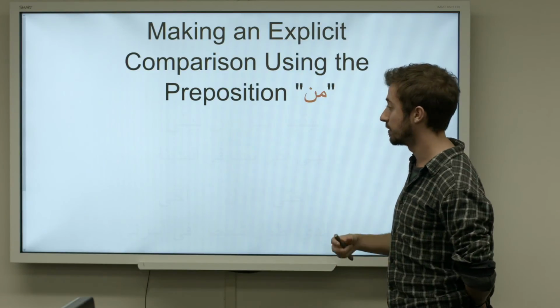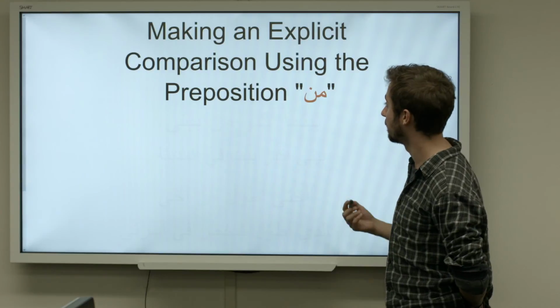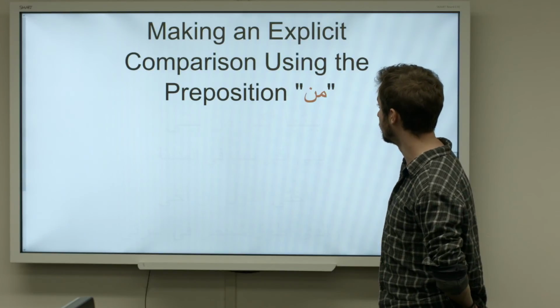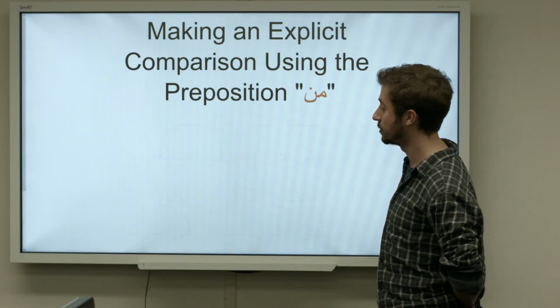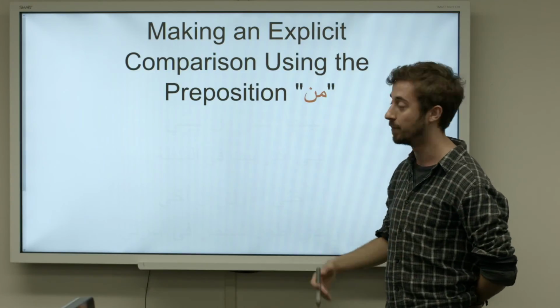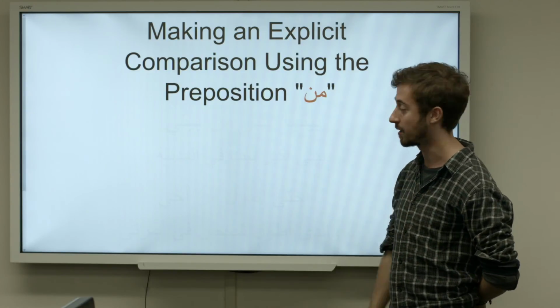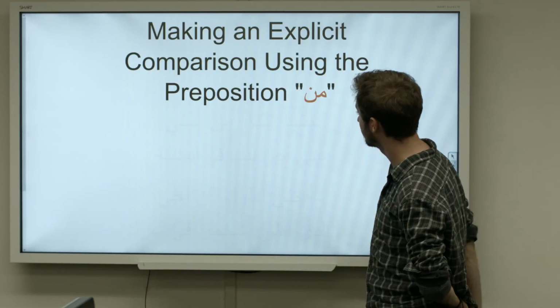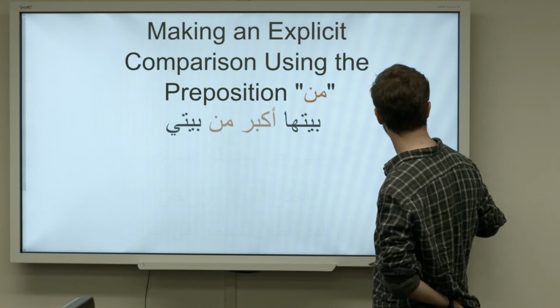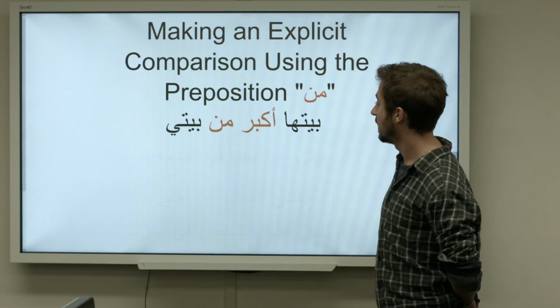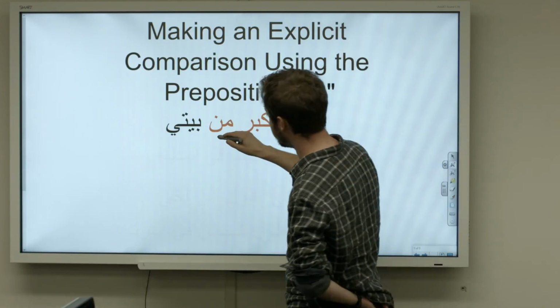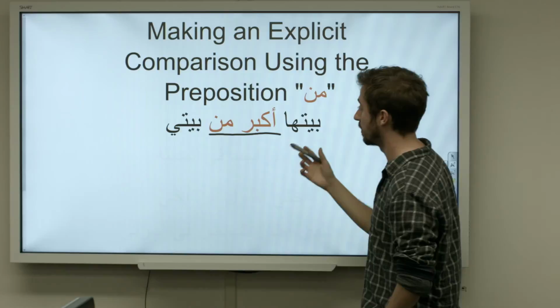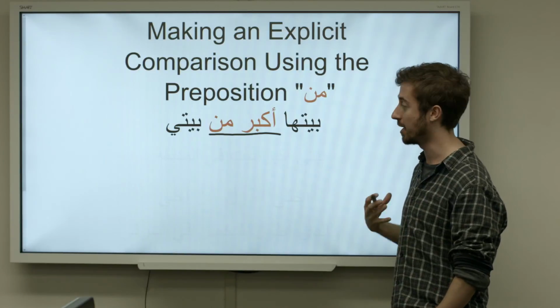In order to say "than," or to make an explicit comparison in Arabic, we use the preposition min, which you all should know means just "from," but it means kind of like "than" in this context. So let's go over some examples. Baytuha akbar min bayti. So her house is bigger than my house.